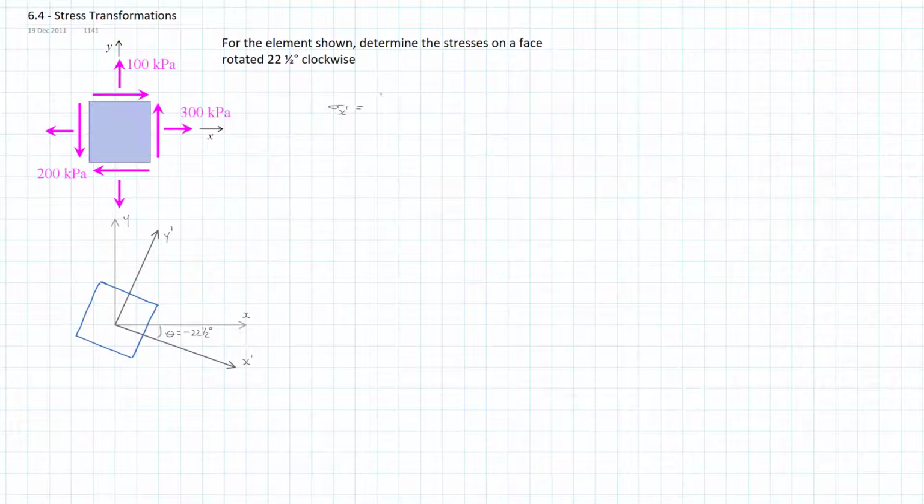The formula is sigma x plus sigma y divided by 2, my average normal stress, plus sigma x minus sigma y divided by 2 times cos 2 theta, plus my shear stress tau xy times sine 2 theta.